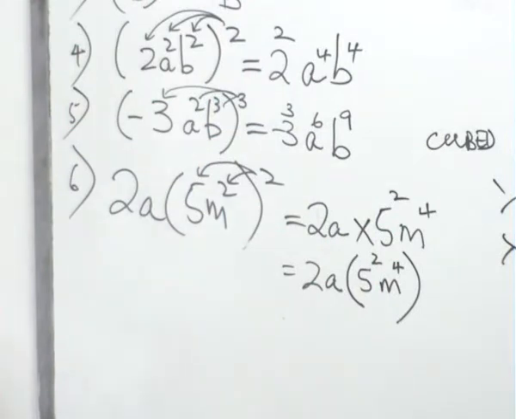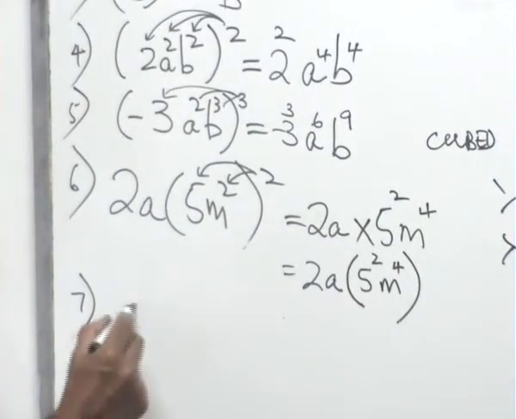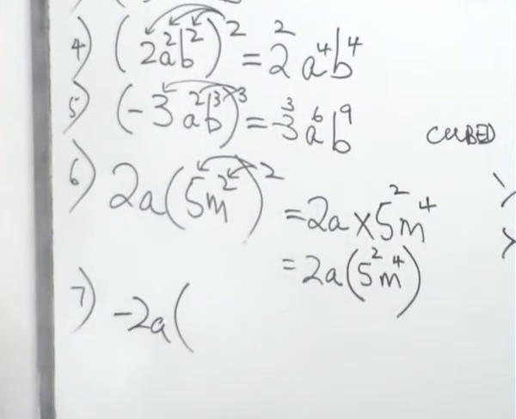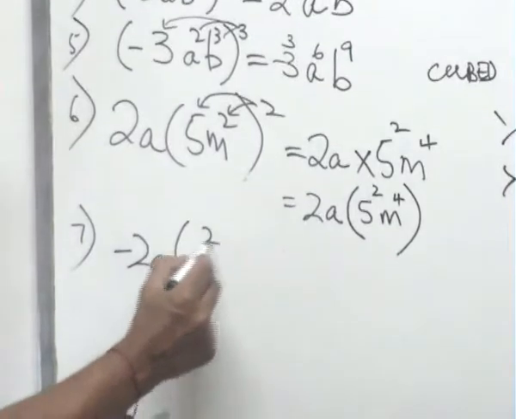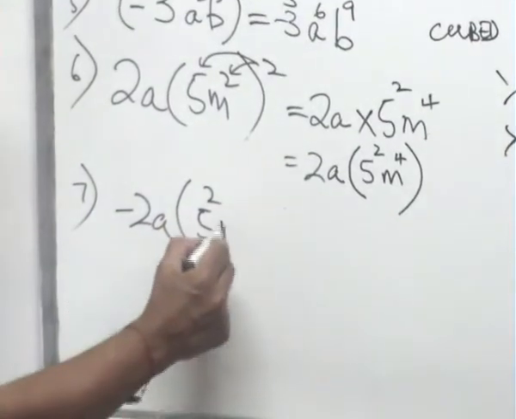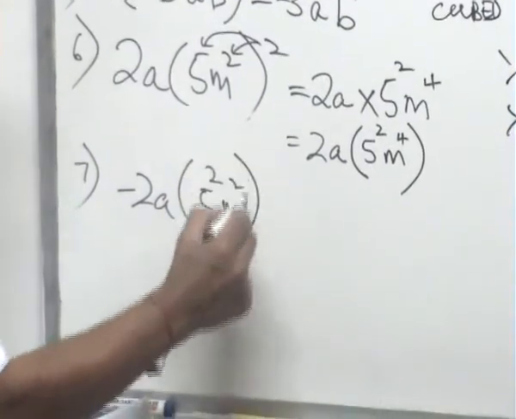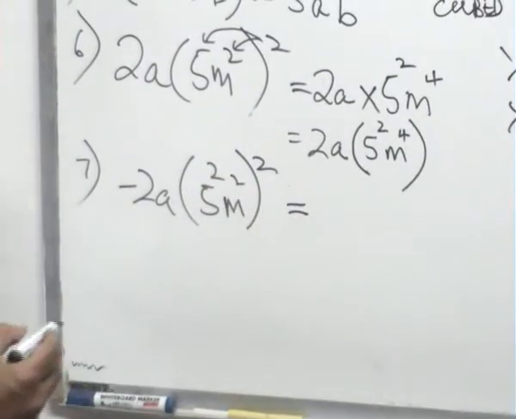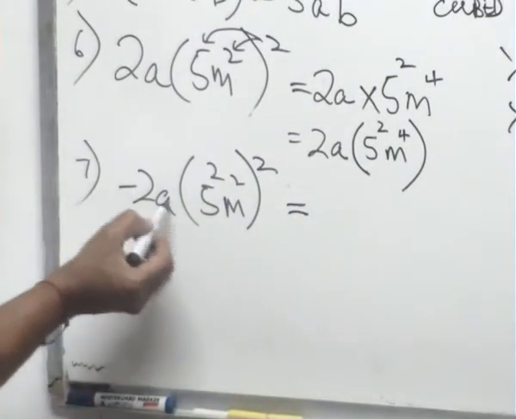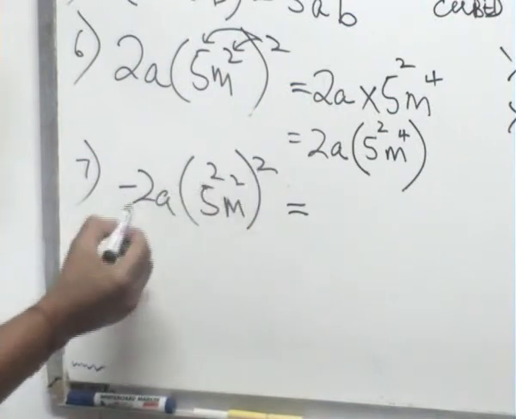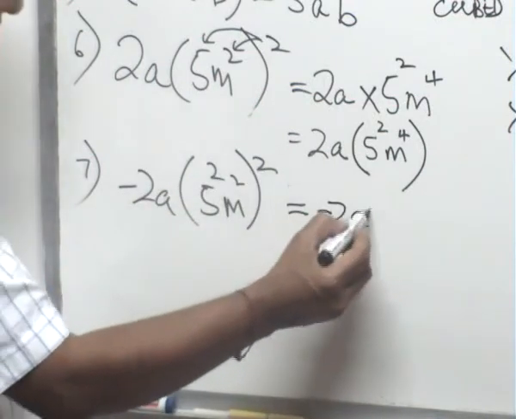Right. Let's move on to number 7. Minus 2a, open bracket, 5 squared m squared, close bracket, to the index 2. Once again, you can see this is not affected by that power 2. So you just write that there.